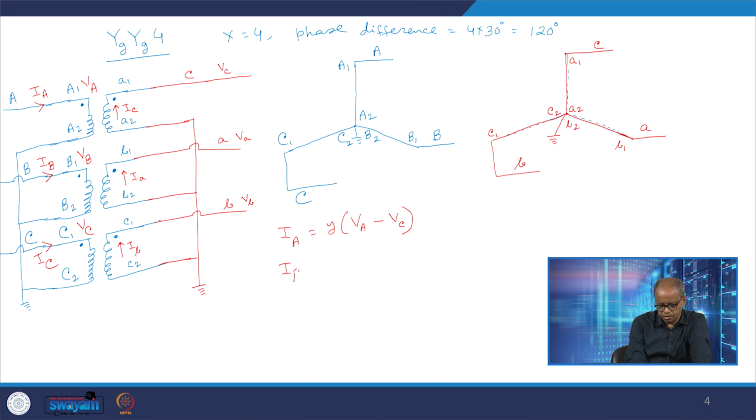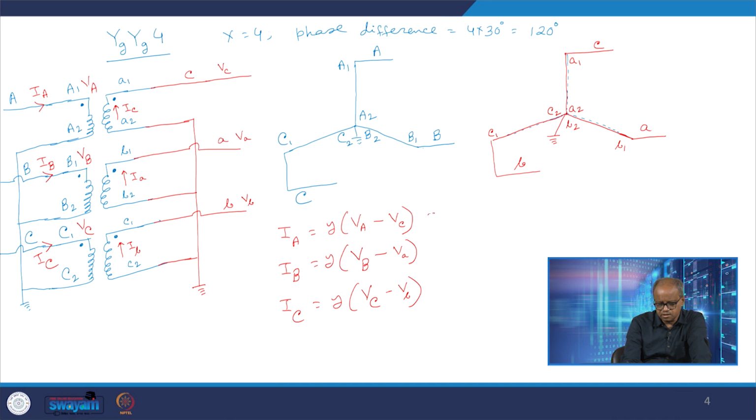IB would be y into V capital B minus VA, and I capital C would be y into V capital C minus V small b.